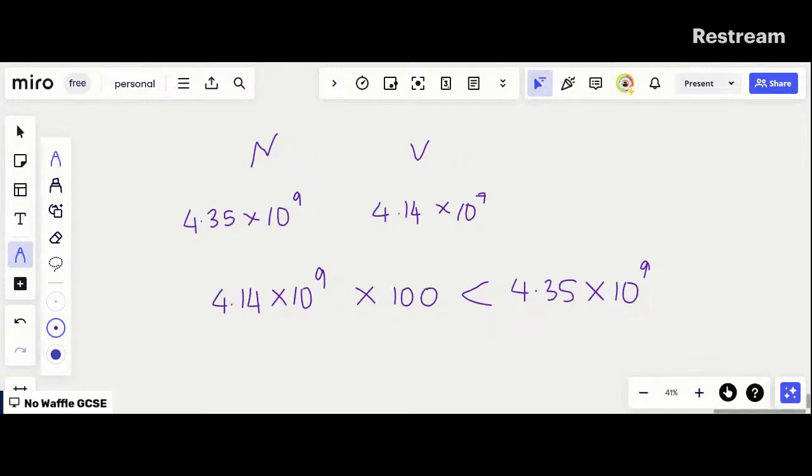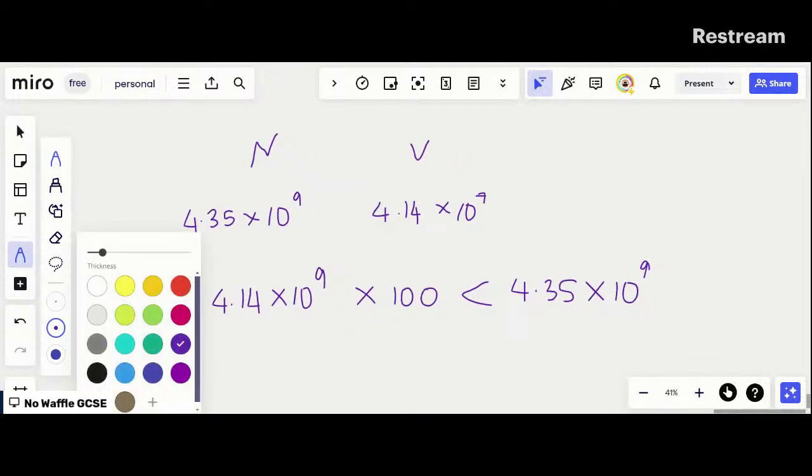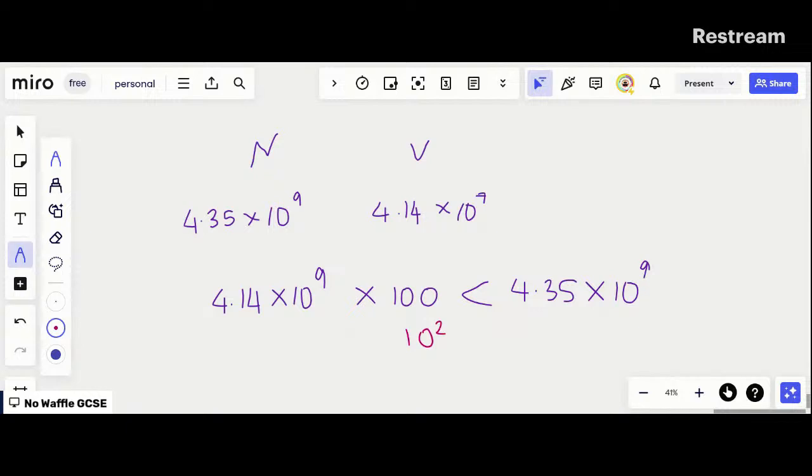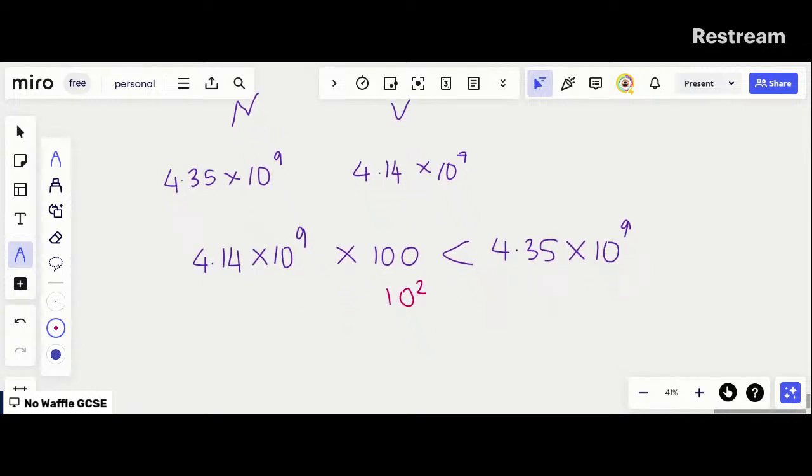So just working that out, 100 is equivalent to 10 squared, and therefore you're just going to add those powers. So what do you then get? You then get 4.14 times 10 to the, sorry, that is supposed to be 7. So you then get 4.14 times 10 to the 9.